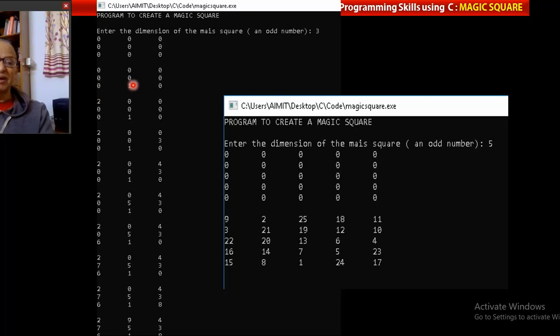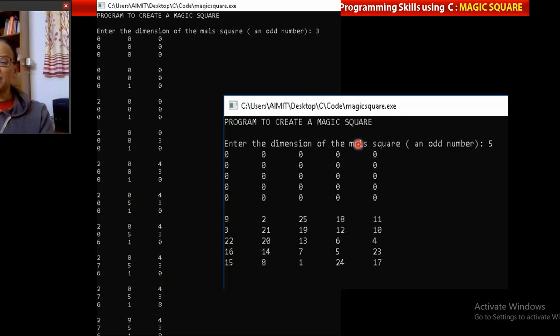As you see, I have inserted 1 at the beginning, then 2 should come here, but it is not there, it has gone to the top, and 3 should be here, but it goes there. 4 has to come here, but 1 is already there, so 4 will be placed on top. Then 5, then 6 here, then 7 goes down here, therefore 7 has to be on top. 8 will come here, and 9 goes below, therefore 9 goes on top. So this becomes a 3 cross 3 magic square.